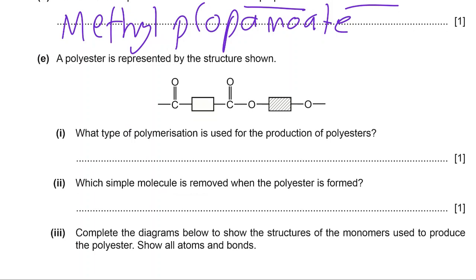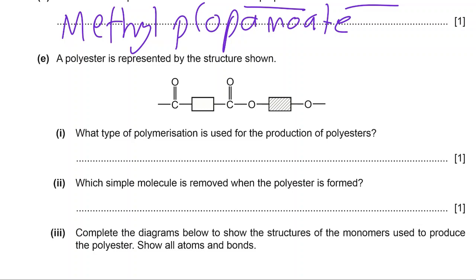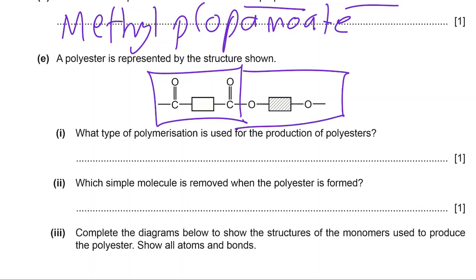And here you have a polyester represented by the structure here. What type of polymerization is used for production of polyester?